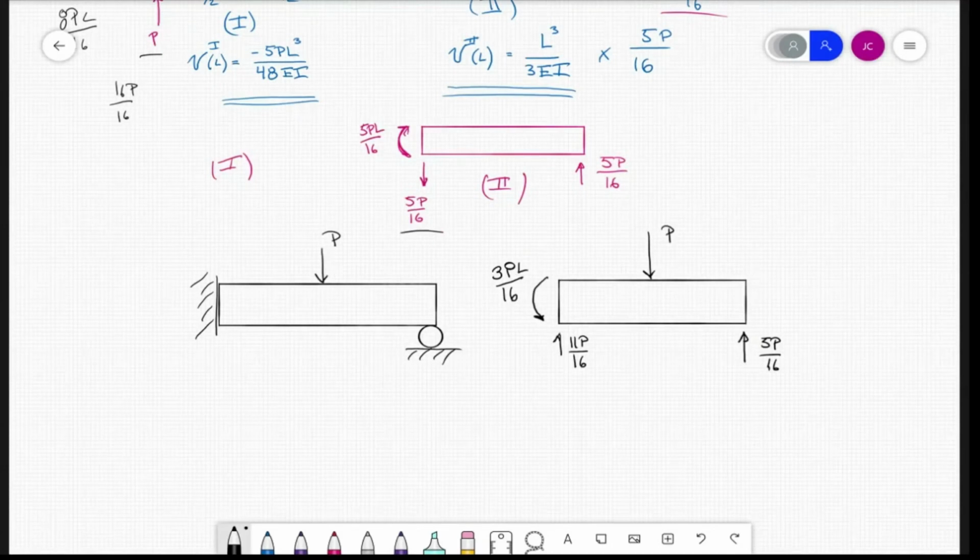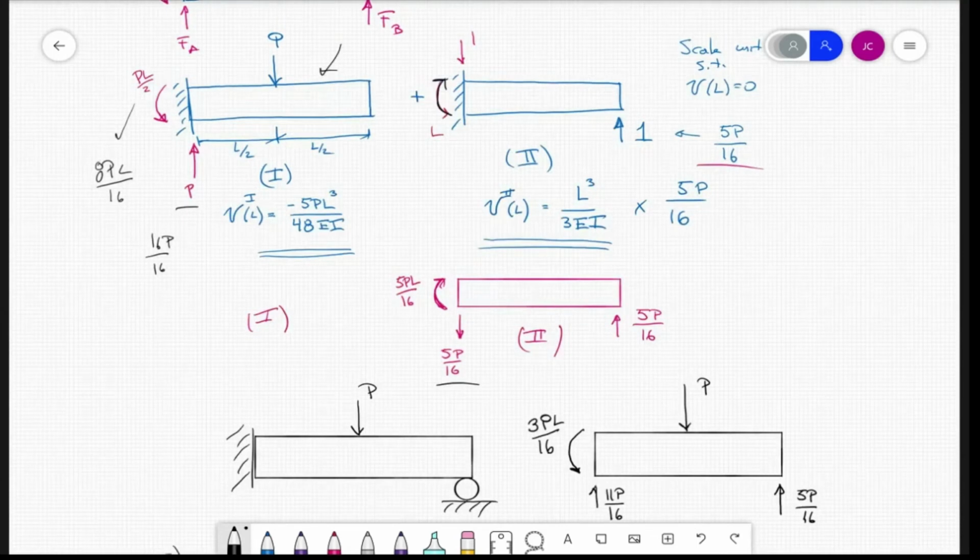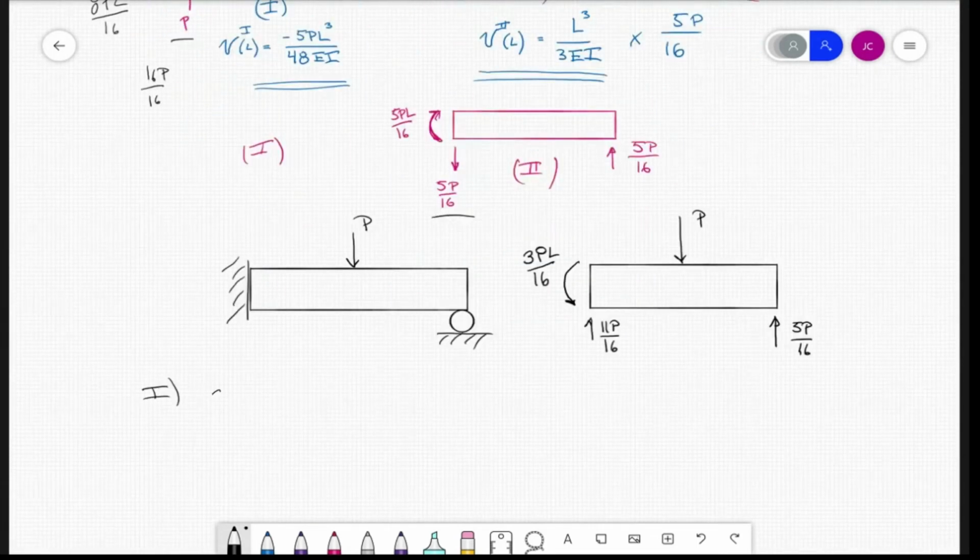We know from the first case, the cantilever, I'm sorry, the first case, remember, is this case, right? For this case, the elastic curve is, what did I get in here? Okay, whatever it is.